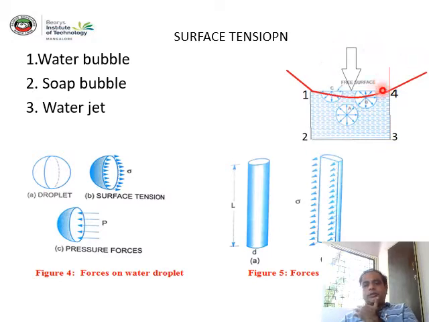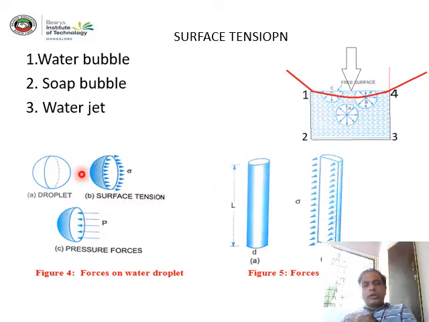There is water, this is the free surface, and it is all air around it. So atmospheric pressure is acting on the free surface. This atmospheric pressure always acts normal to the surface. That is, the pressure force is acting normal to the surface.